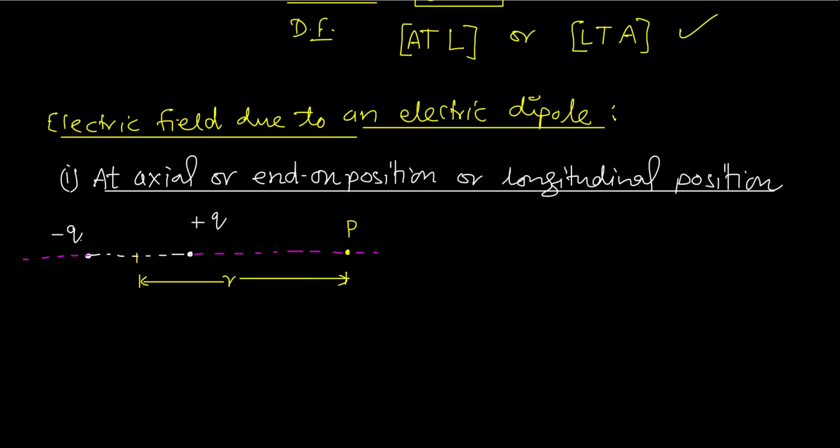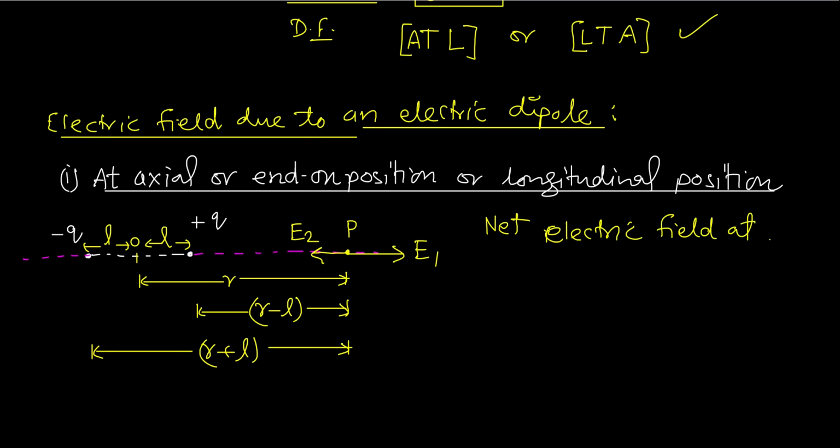Okay, so the two electric fields E1 and E2 are in opposite direction. So the net electric field at point P, what we will write is E equal to E1 minus E2. We are basically writing the larger magnitude electric field E1 minus smaller magnitude electric field E2, and E1 is larger, so net electric field will be directed towards the direction of E1.